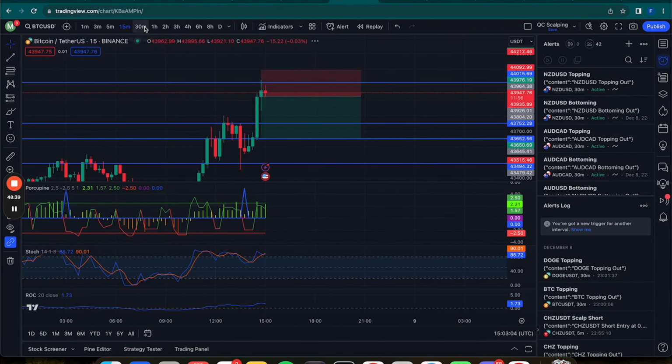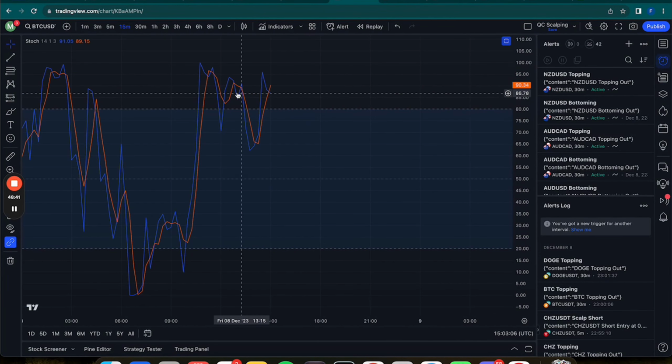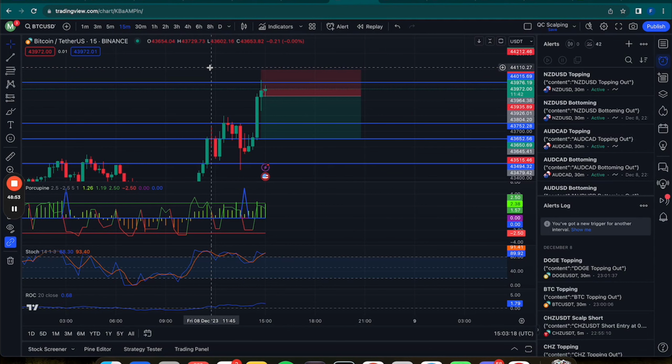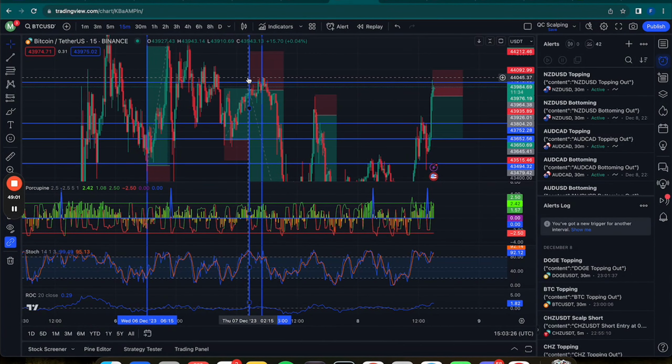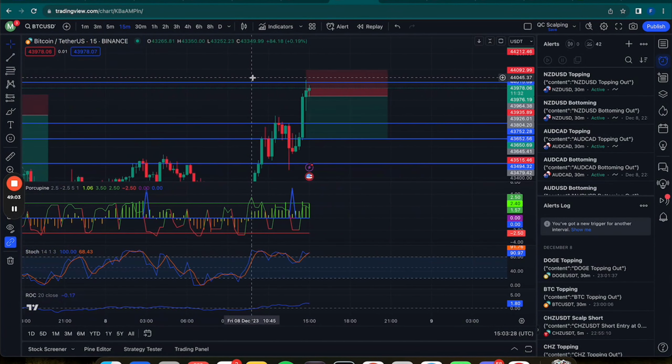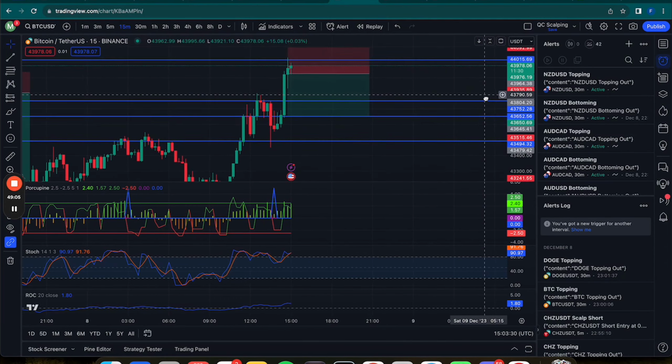When we look at the 15 minute, we kind of broke this level, right? So that's not great. We broke the trend. However, we don't want to break this level right here. So that's important to note.